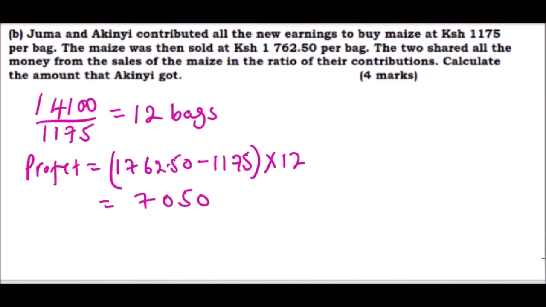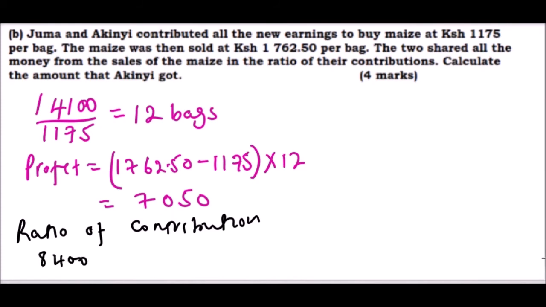Now we can get the ratio of their contribution. You find that Juma contributed 8,400, and Akinyi contributed 5,700. When you simplify that, you get 28 to 19. So Akinyi got 19 out of, if you add 28 plus 19, that will give you 47.